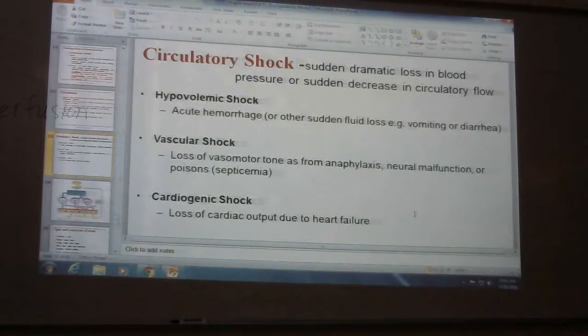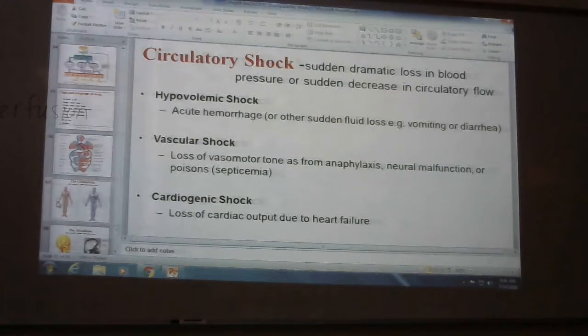That's why you can die from overwhelming allergy. So some people wear that bracelet to make sure that everyone is aware of their allergies, because you can suffer from vascular shock. Or if your heart just gives out, then you go into cardiogenic shock, and this is the one that we use the defibrillator for.